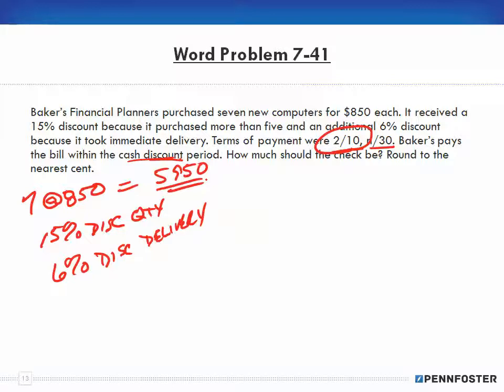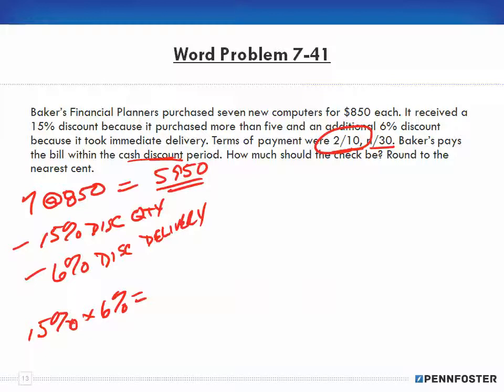Okay, so now I have a chain discount, right? Because I have 15% and 6%, so 15% times 6%, oops, I'm sorry, it's not 15% and 6%.